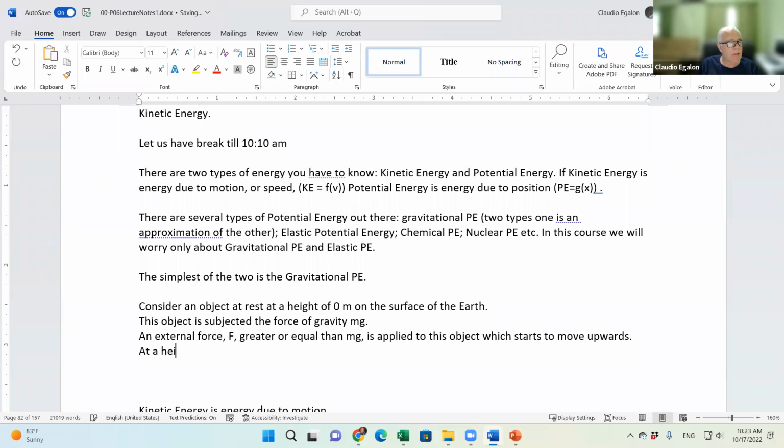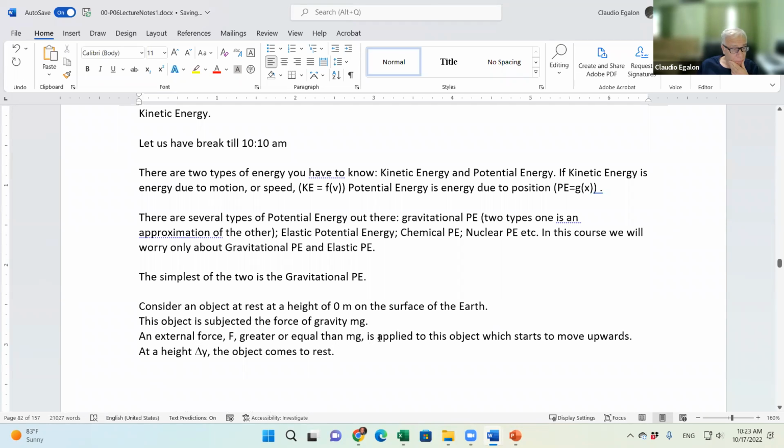At a height delta y, the object comes to rest. Okay? The object comes to rest.